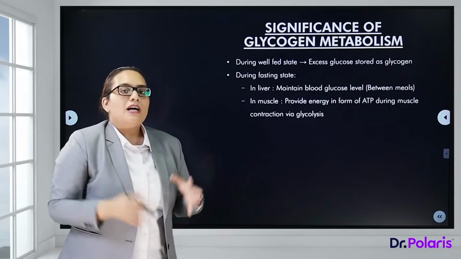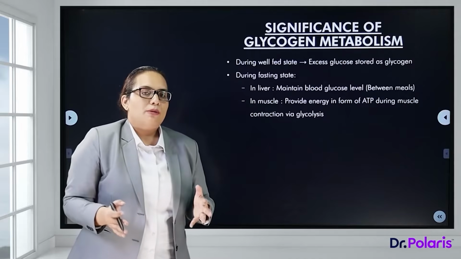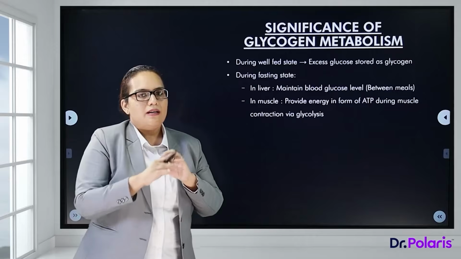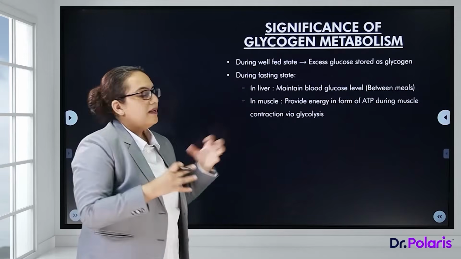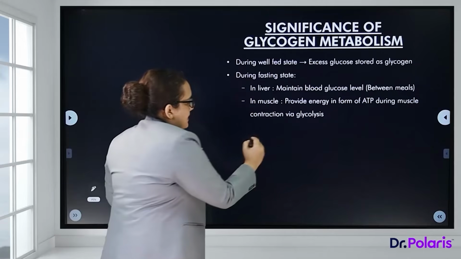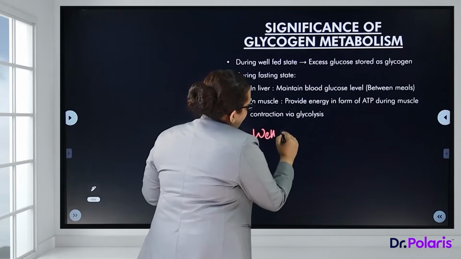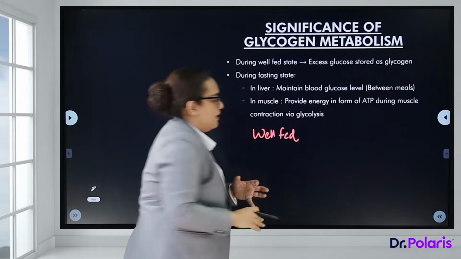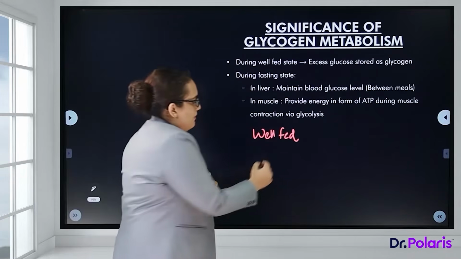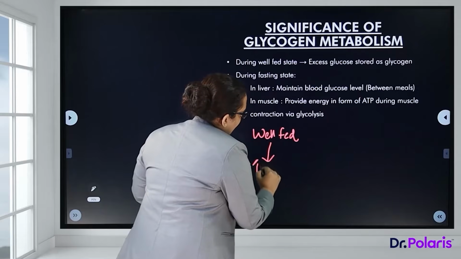Now, coming to the significance of glycogen metabolism as such, if you understand this basic concept, it will be much clearer to you how well glycogen metabolism is regulated. So, in the well-fed state, when we take in any food, obviously, after a period of time, there is going to be an increase in the blood glucose level following intake of food.